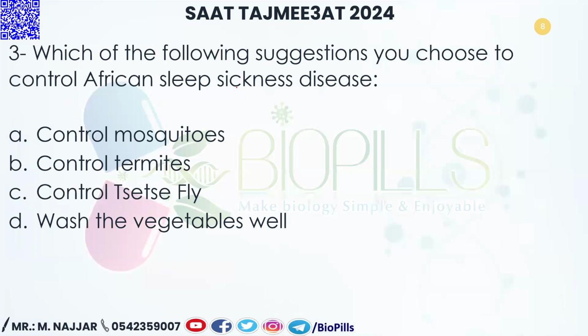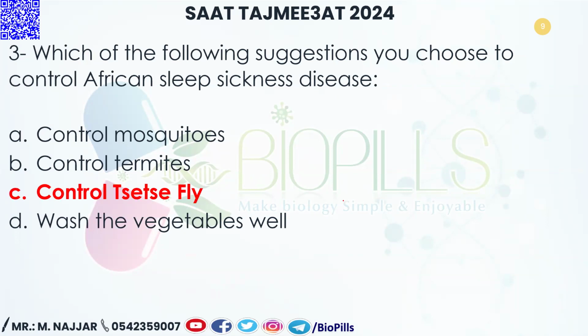Question number 3: which of the following suggestions would you choose to control African sleeping sickness disease? What is the best way to control it? The answer is C, which is to control the tsetse fly. Tsetse flies are considered the vectors. A vector is anything that transmits something from one organism to another.